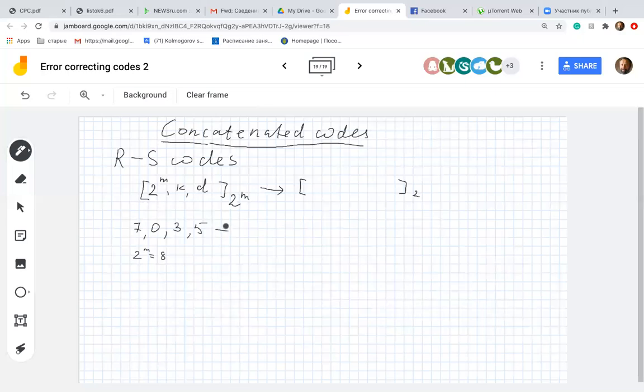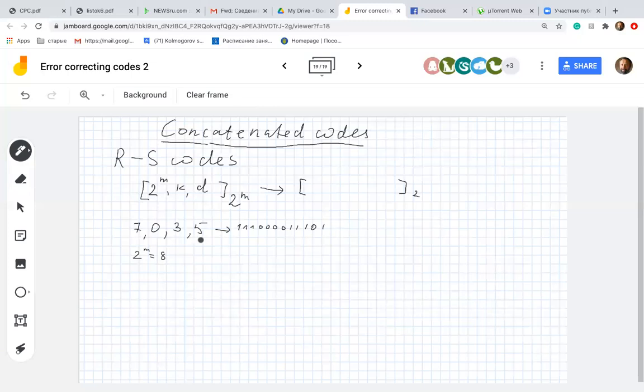We replace this code word by a sequence: 7 is 111, 0 is 000, 5 is 101, and 3 is 011.